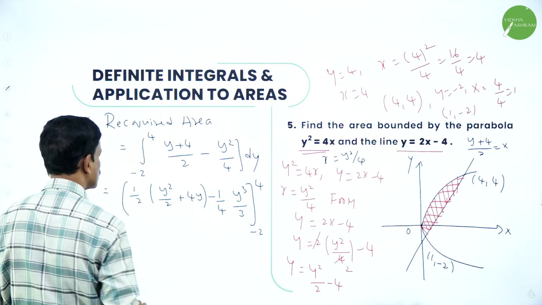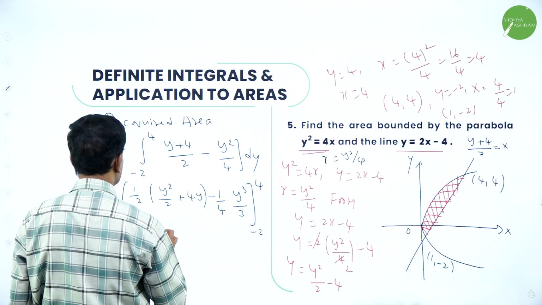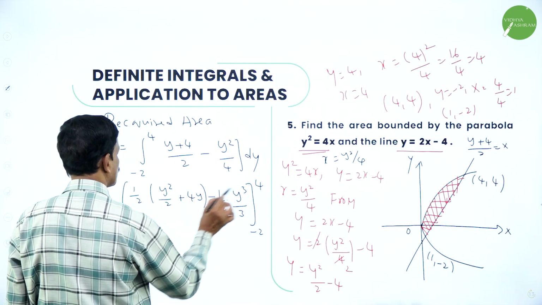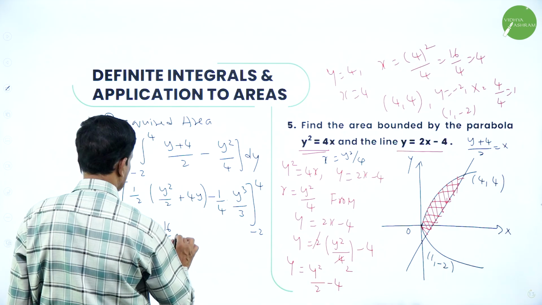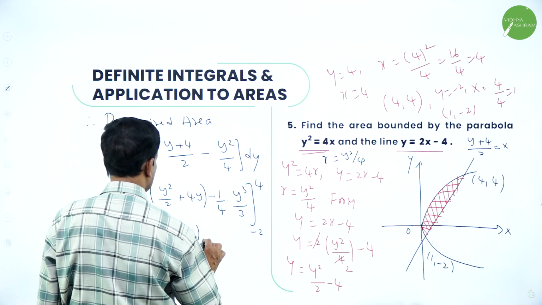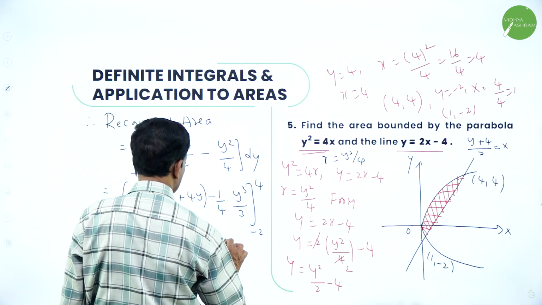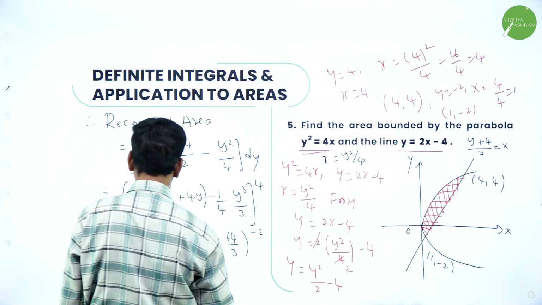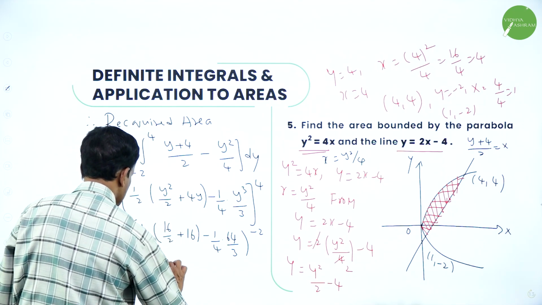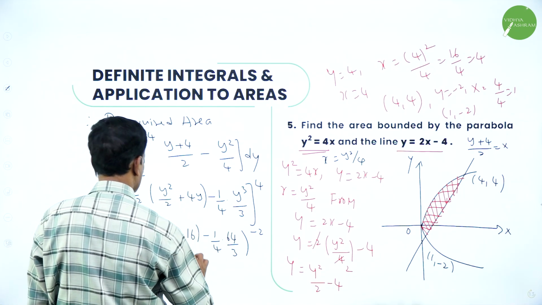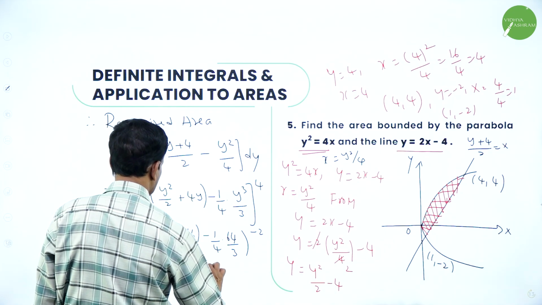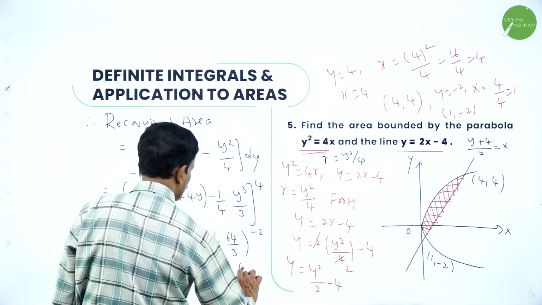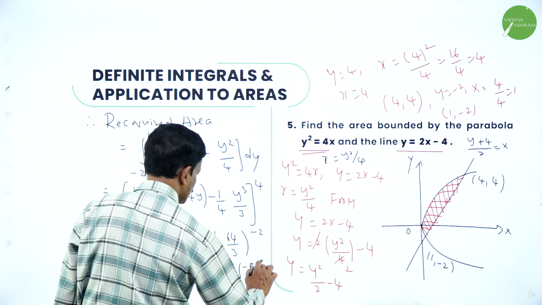Now simplify this. Apply the limits. The upper limit: 1 by 2 into 4 squared, 16 divided by 2, plus 4 fours are 16, minus 1 by 4 into 4 cubed, 64 divided by 3. Minus the lower limit: minus 2 squared is 4 divided by 2, minus 4 twos are 8, minus 1 by 4 into minus 2 cubed, which is minus 8, divided by 3.